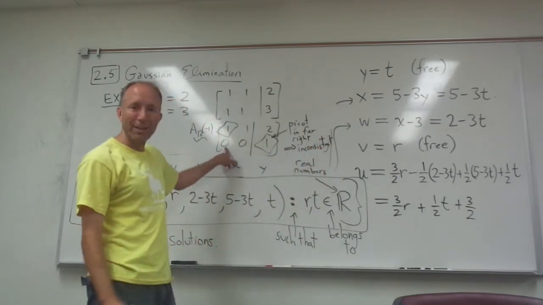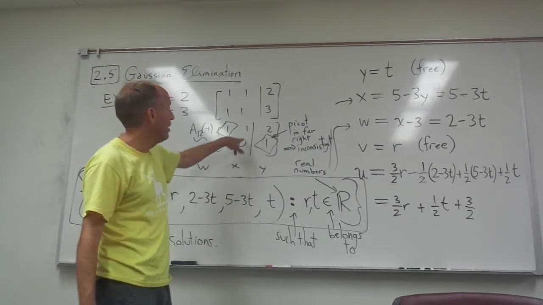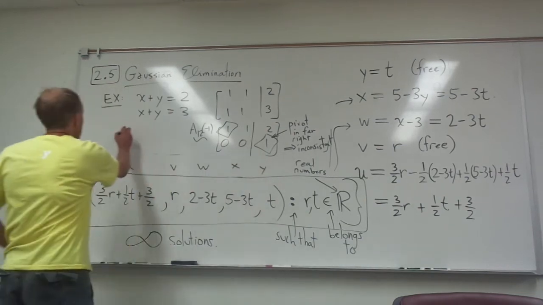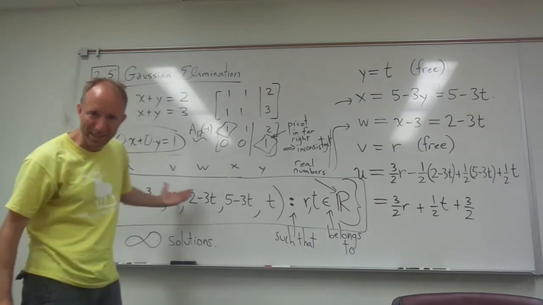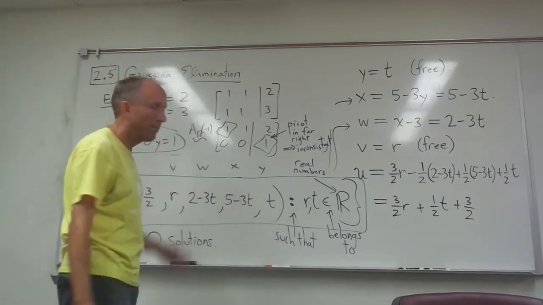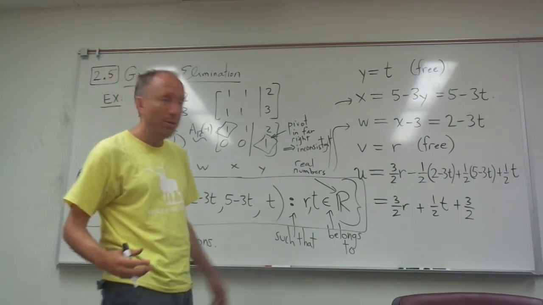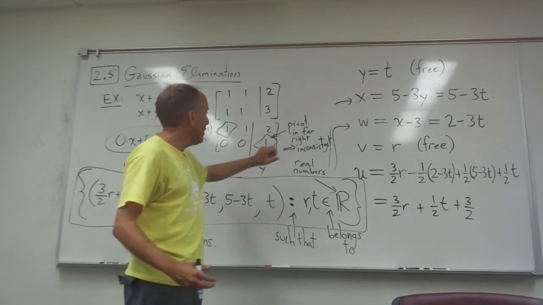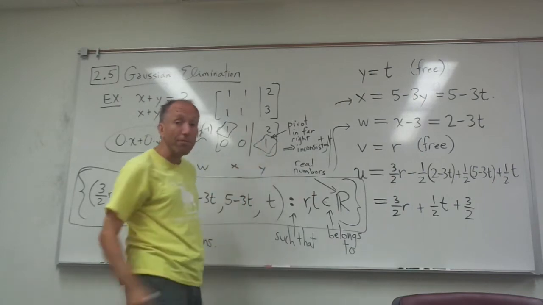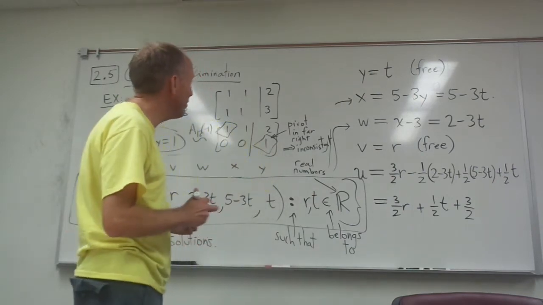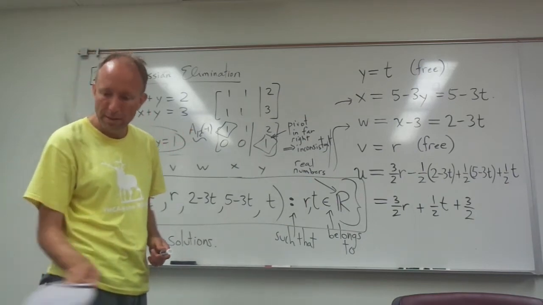Because look, what are you really saying here on the last line? 0 times x plus 0 times y equals 1. And that, of course, is ridiculous, right? You cannot solve that for x and y. So Gaussian elimination will lead you to an inconsistency in the cases where that's what it's supposed to, by giving you a pivot in the far right column. So if you see a pivot drifting into the far right column, that means it's going to be inconsistent. Okay?